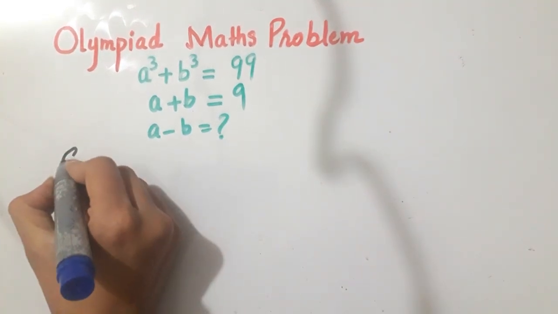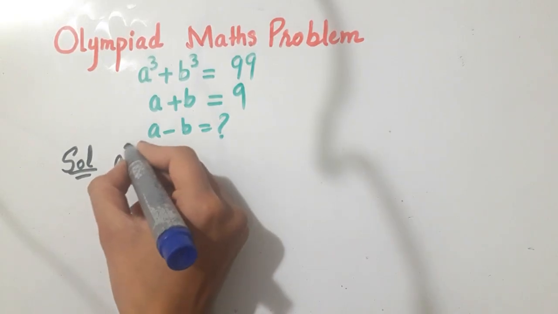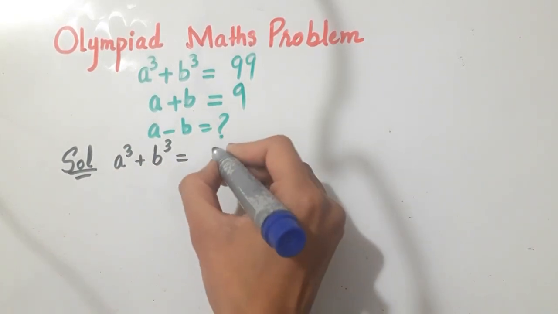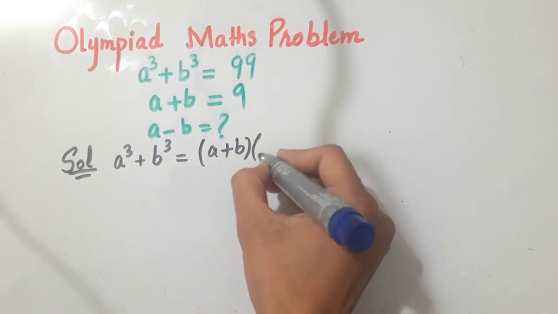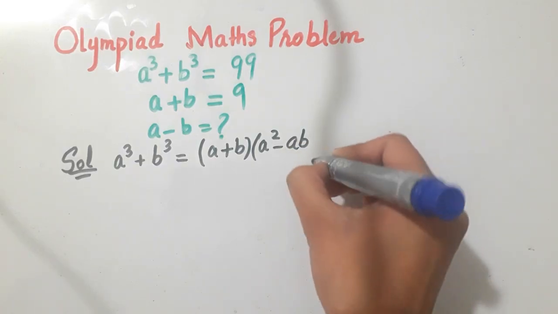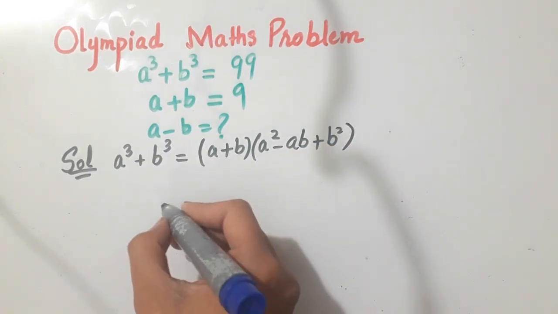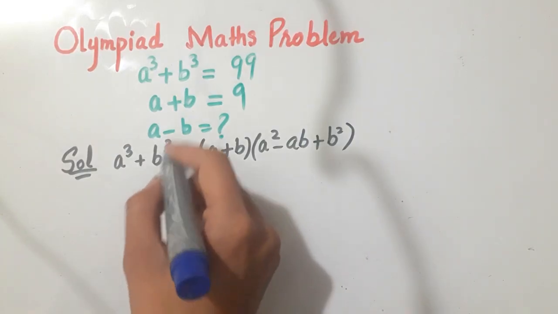First of all, we will recall the formula of a cube plus b cube, that equals a plus b into a square minus ab plus b square. Now we will substitute the values in this.